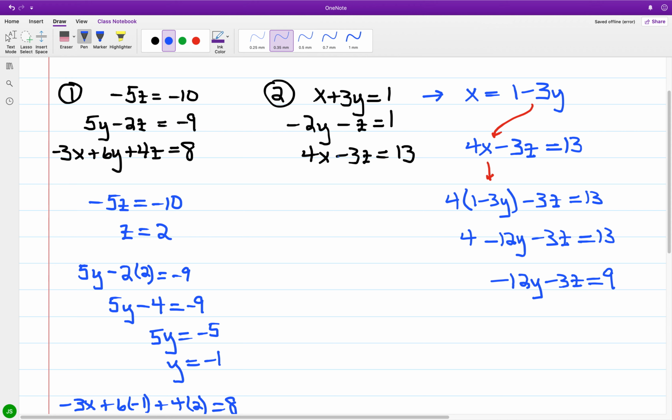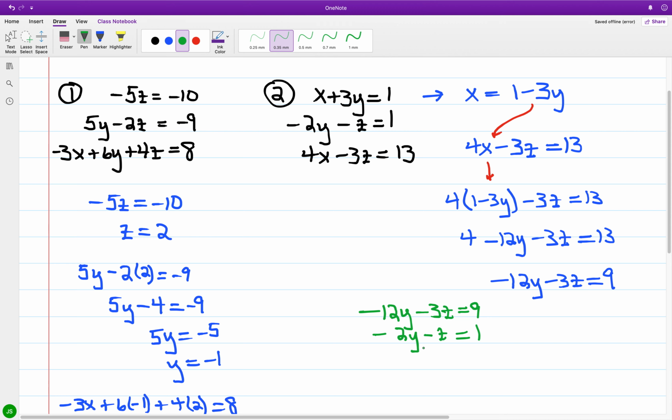For the equations we have left over, I've utilized the first and the last equations. Now we have negative 2y minus z is equal to 1. If I take this equation along with the last equation I just formed, we have equations solely in terms of y and z. So we have negative 12y minus 3z is equal to 9, and again, negative 2y minus z is equal to 1.